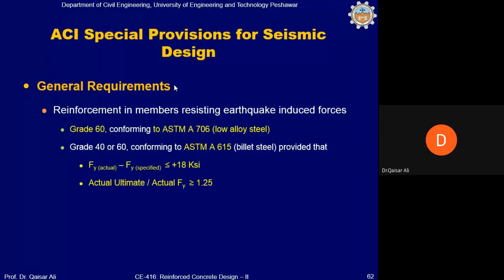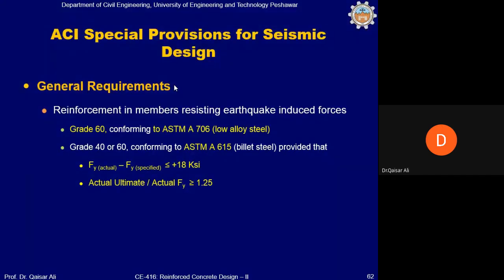That is the actual yield obtained from the test in the lab, and the specified yield strength for this steel sample is 60. 80 minus 60 is 20. 20 is more than 18 KSI, so this steel cannot be used in the moment resisting frame.